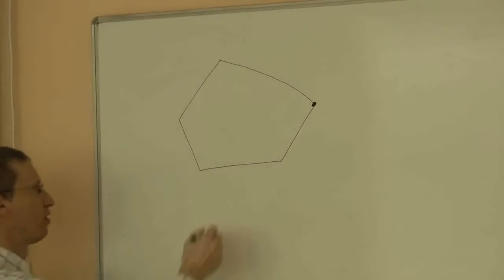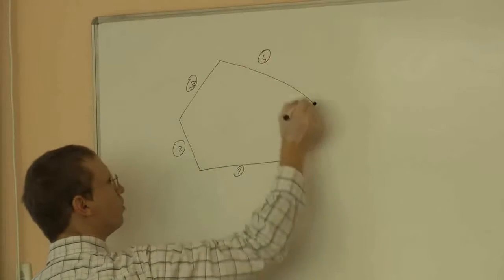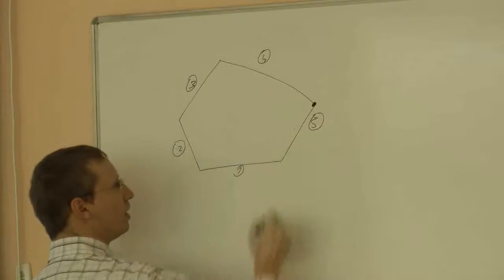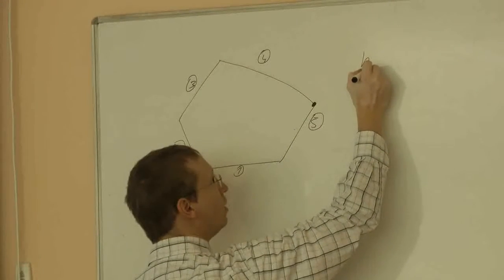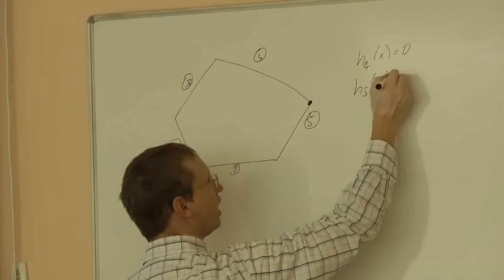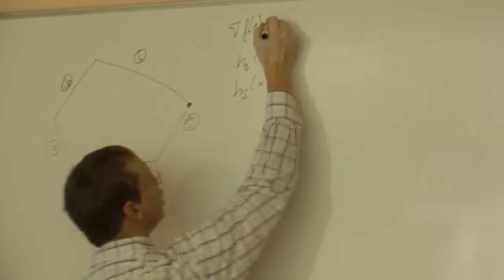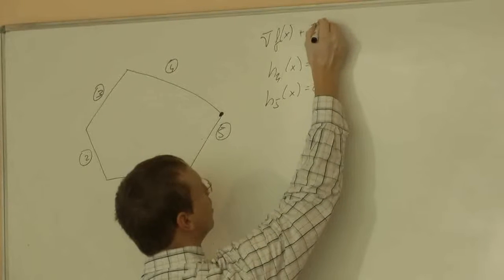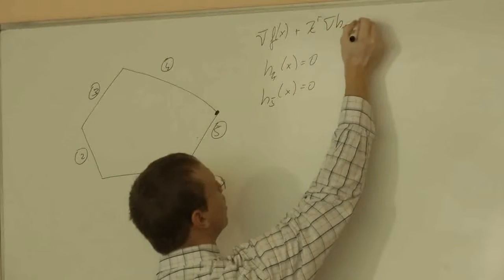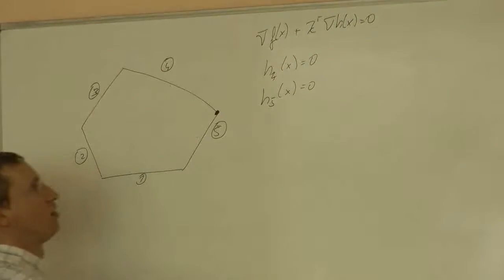So essentially, if we now number the constraints like this, what we are saying is that constraint number 4 is active and constraint number 5 is active, which together with the stationarity conditions will give us enough equations to determine the optimal solution.